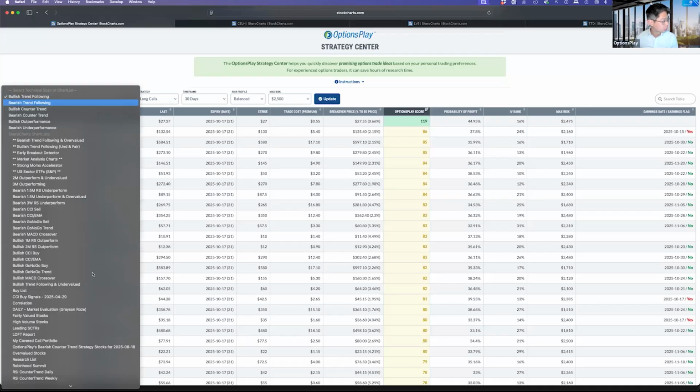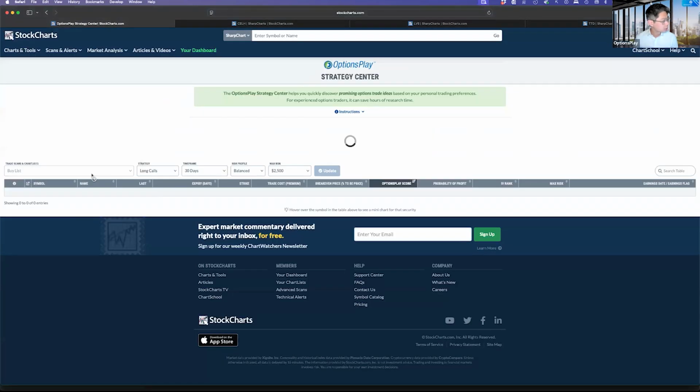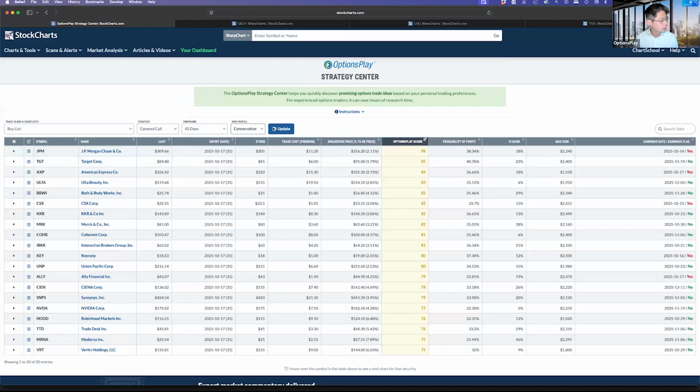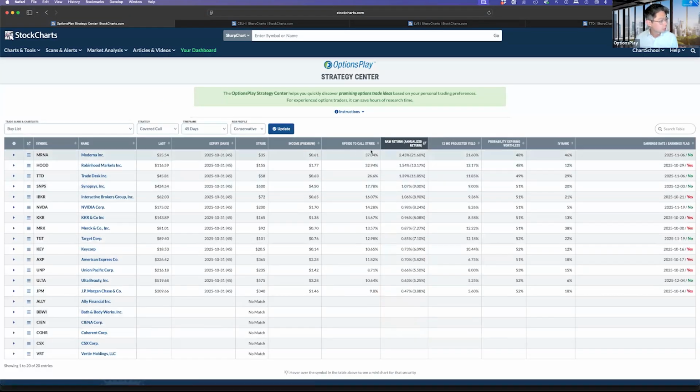So if you have a list of stocks that you own in your portfolio in a chart list, right? Let's say, for example, I use my buy list as the list of stocks that I owned, and I look at selling covered calls on that list. Just on the top stocks, right here, I'm collecting $61, $177, $63, $450.